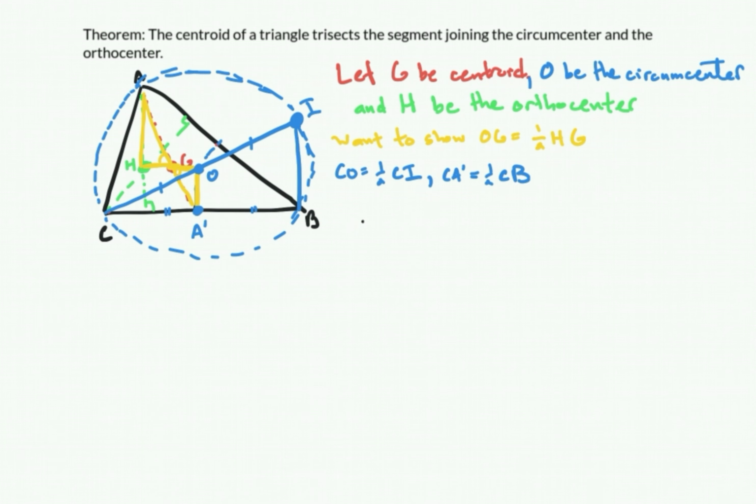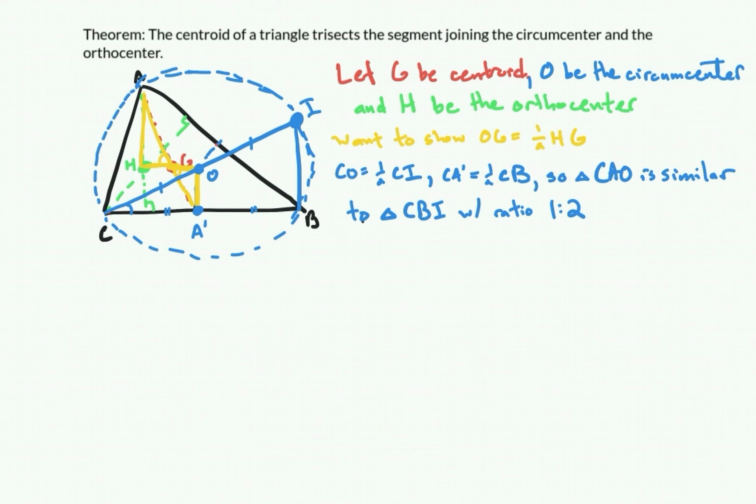Okay. And they share this angle right here. So triangle CA prime O is similar to triangle CBI with ratio 1 to 2. Okay. So we have those right there.